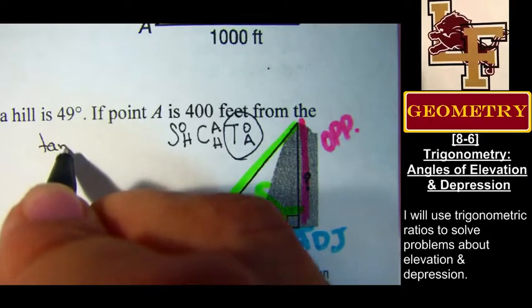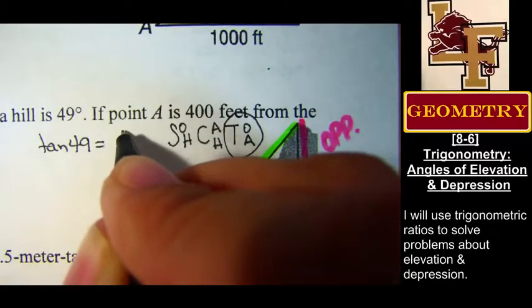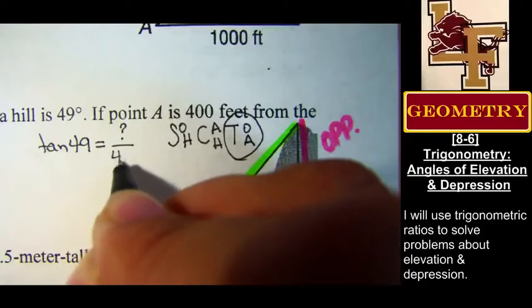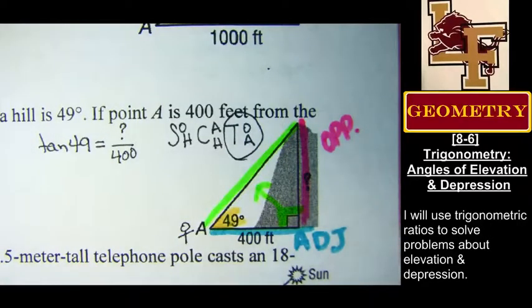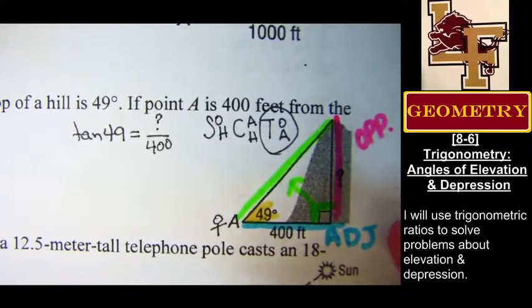The tangent of my angle of elevation is the opposite over the adjacent. If the question mark freaks you out, you can put a variable in there, whichever one's your favorite, like x. I'm going to use question mark. All right, we're solving for the question mark.